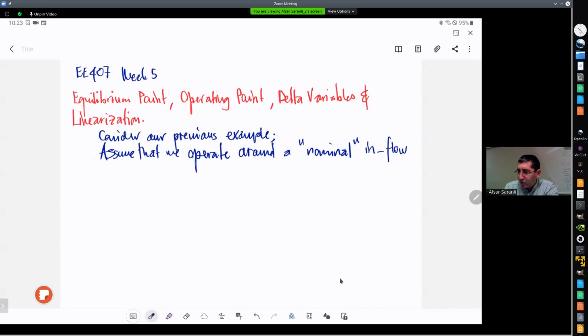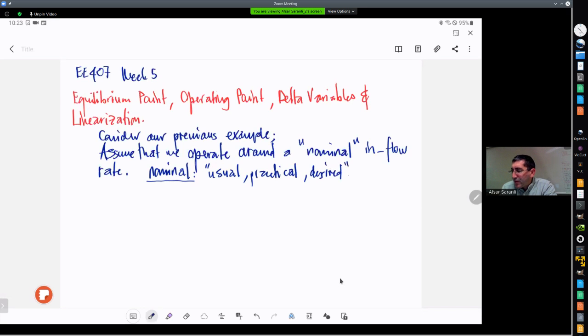Okay, inflow rate. What does this nominal mean? Nominal, we can say it's a usual, practical, desired value.